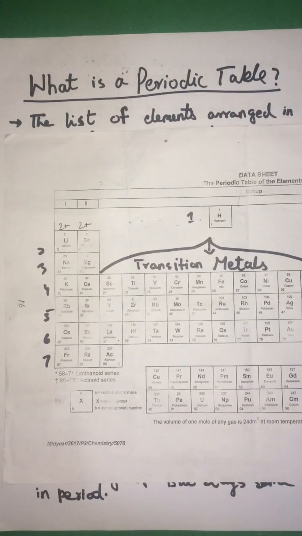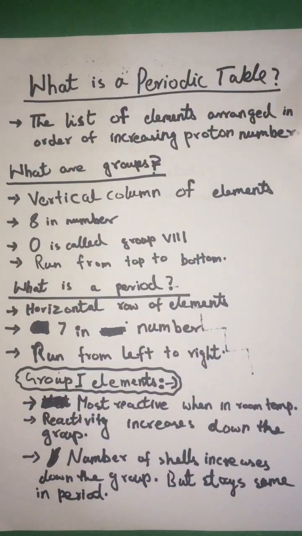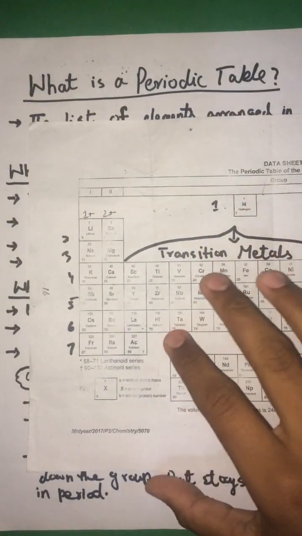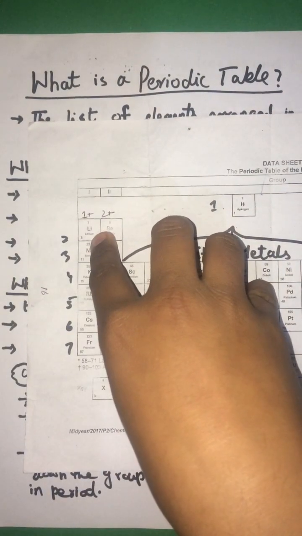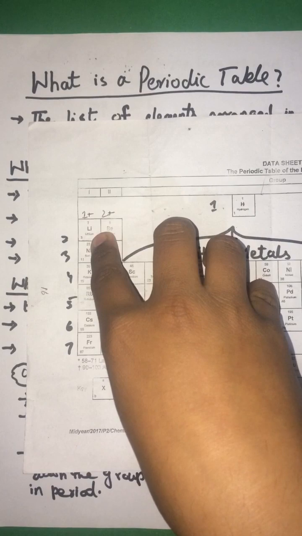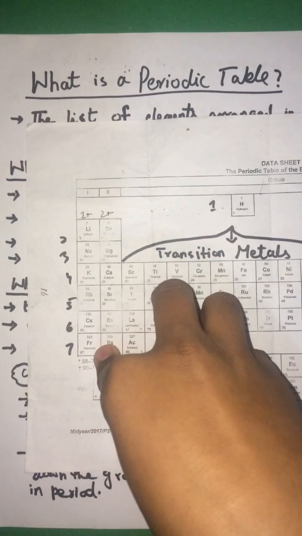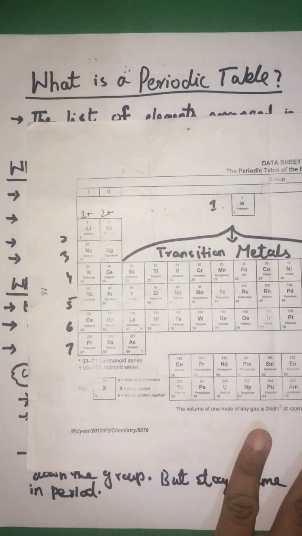So first of all, starting from the groups and the elements in the group 1, they are the most reactive at room temperature. Their reactivity increases down the group. For example, the lithium is the least reactive in the first column of the groups, and the francium is the most reactive in the group 1.